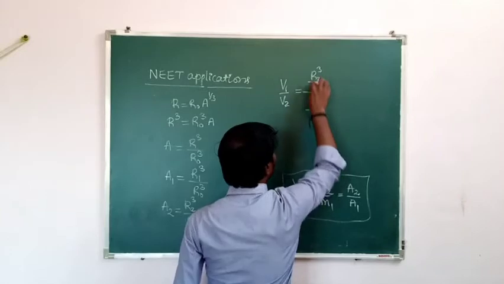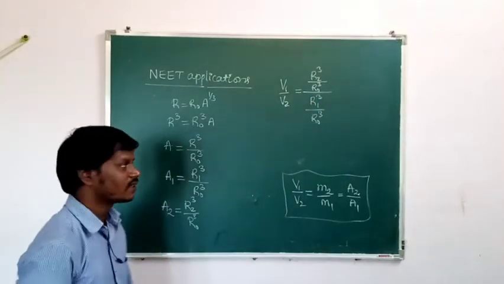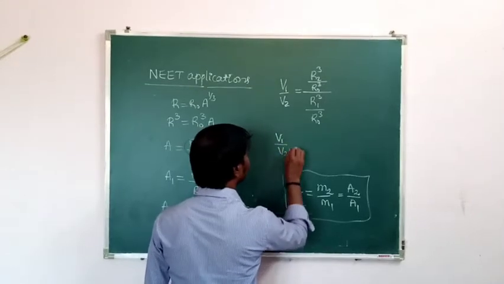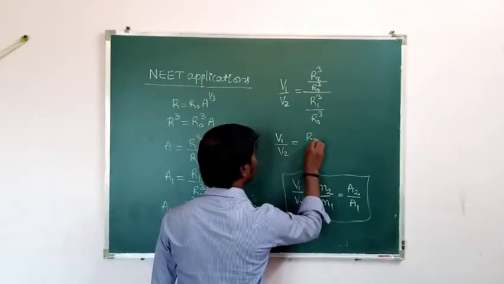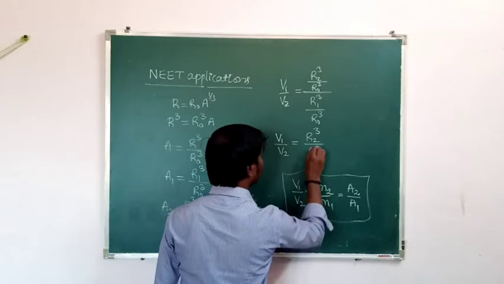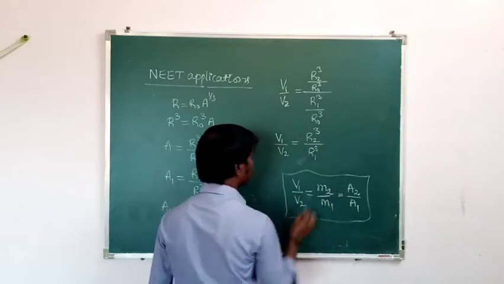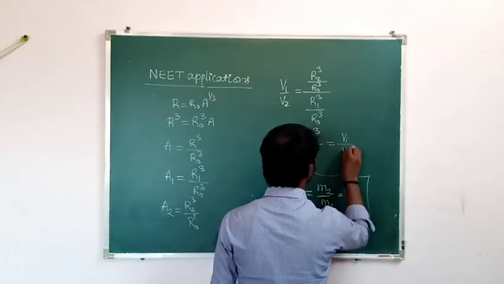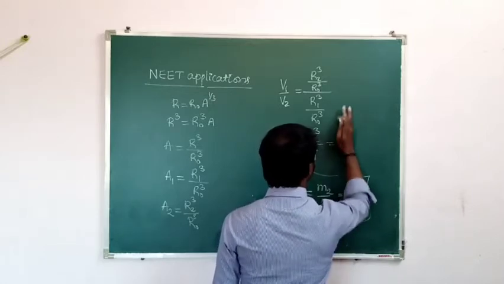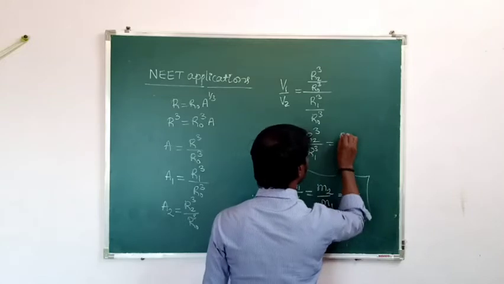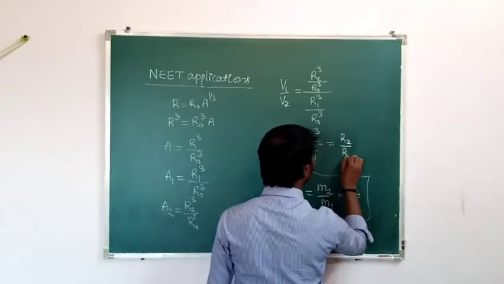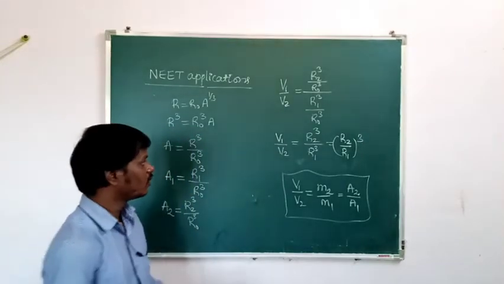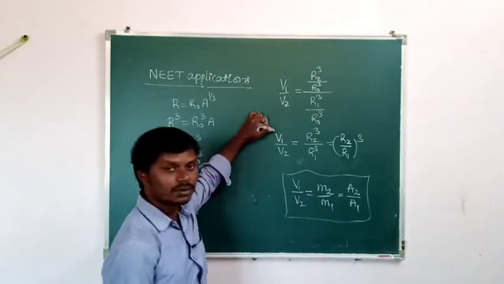Here 1 by R0 cube gets cancelled. Then what we got now? V1 by V2 is equal to R2 cube divided by R1 cube. Hence, V1 by V2 is equal to R2 by R1 whole cube. So this is the ratio of velocities of two lighter nuclei.